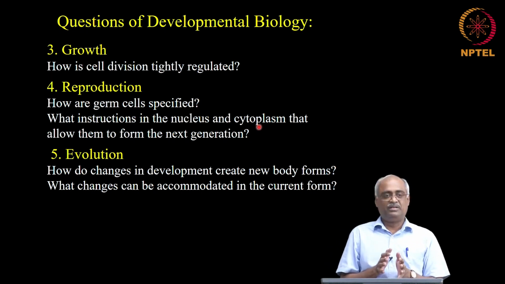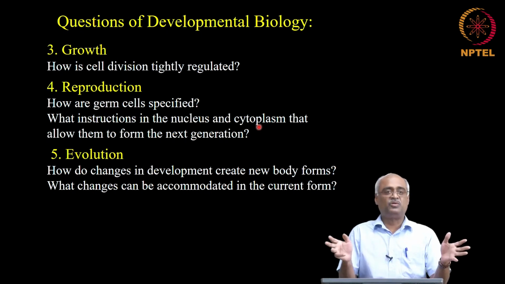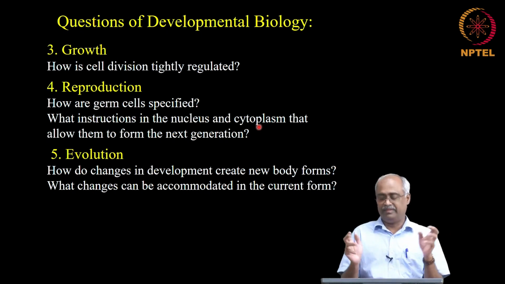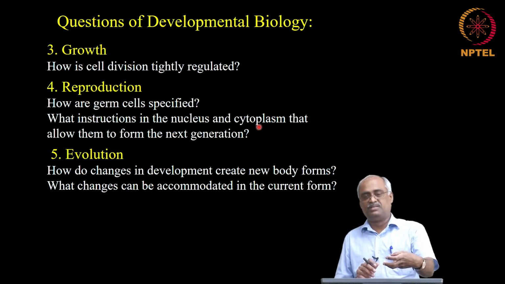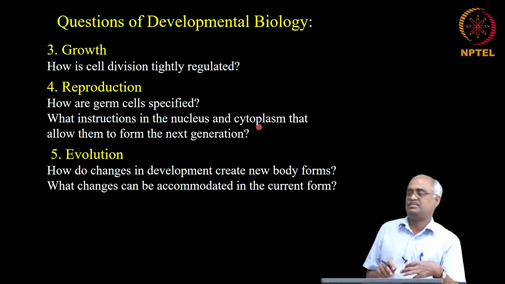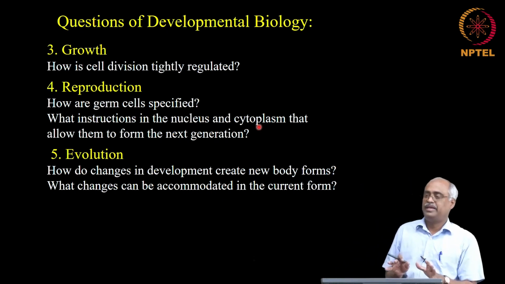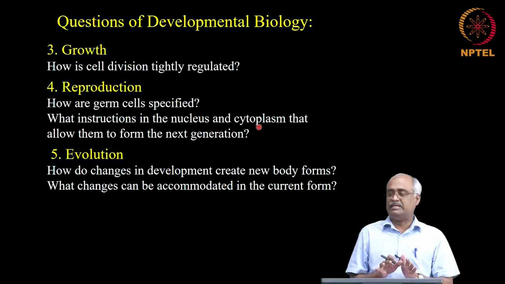So, therefore, development constrains the possible routes of adaptation, and in that sense you need to consider what is possible in the current developmental plan to see what adaptations are possible. So, in that sense evolution and development are very intricately linked.